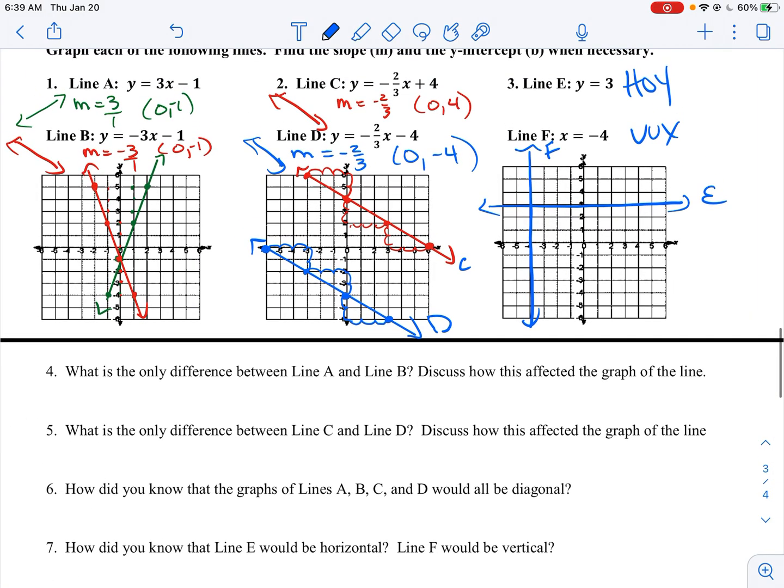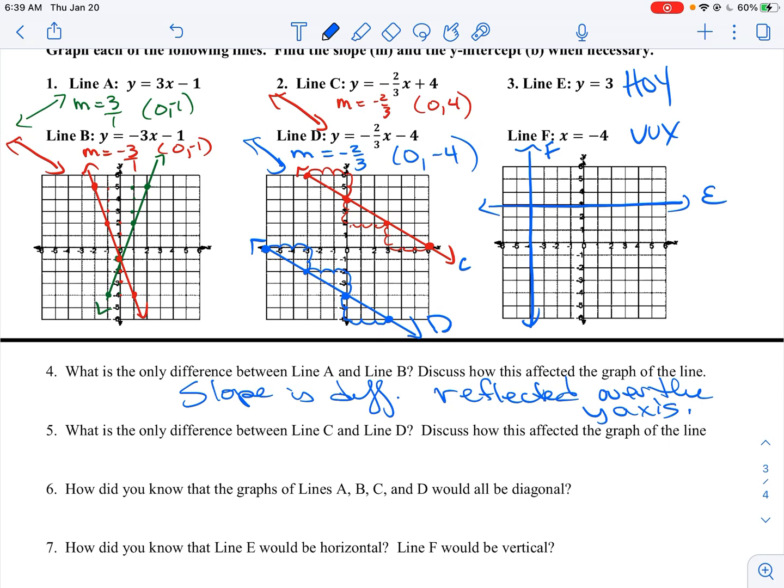Okay. What's the difference? Number 4. What's the difference between line A and line B? If you look at it, the slope is different. Okay? It reflected over the y-axis.